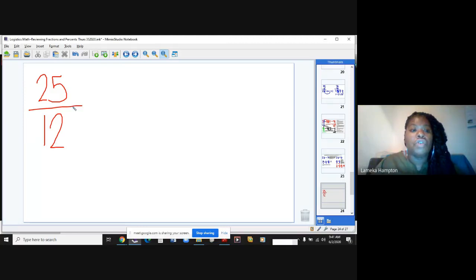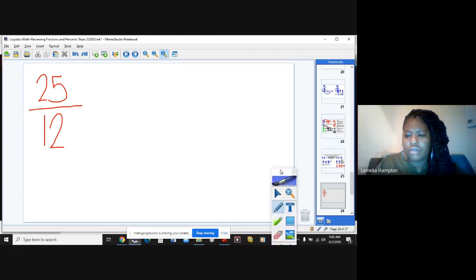Okay. So this is what we call an improper fraction. An improper fraction is simply a fraction where the top number, or the numerator, is larger than your denominator. I probably should have just typed that.